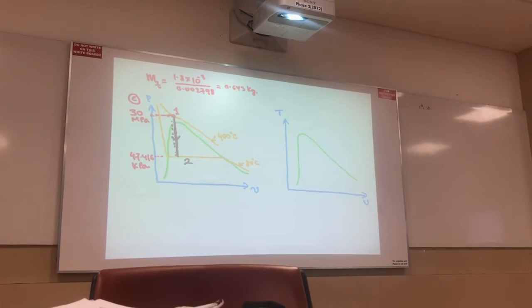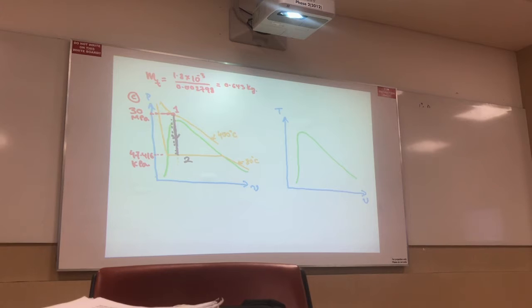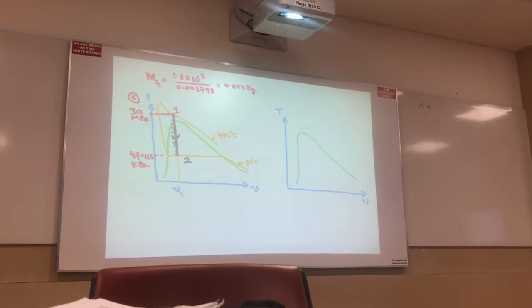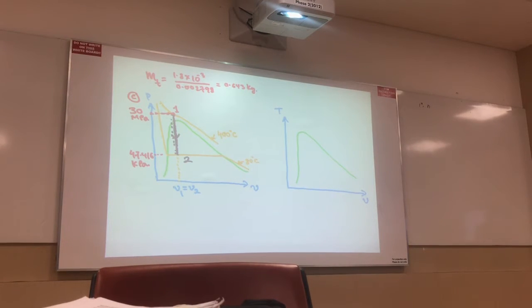1 to 2. So this one indicates V1 and V2 are the same. Alright? Similarly, on the TP diagram, you must show the constant pressure line. The first one is pressure higher than critical.